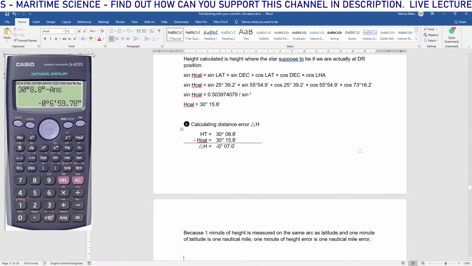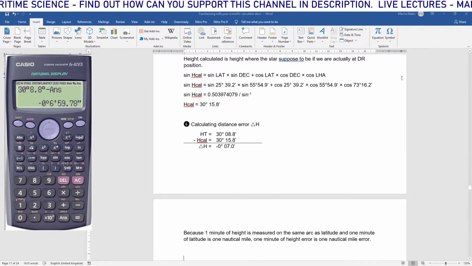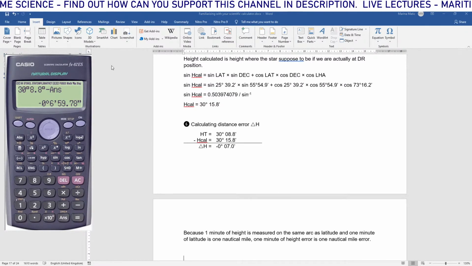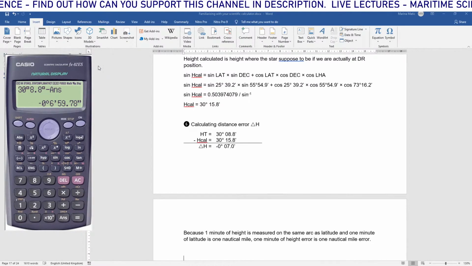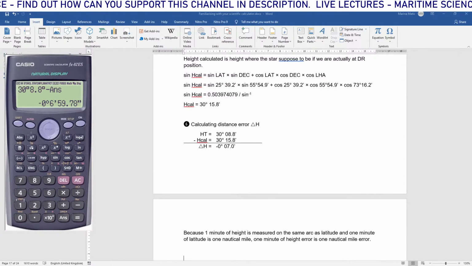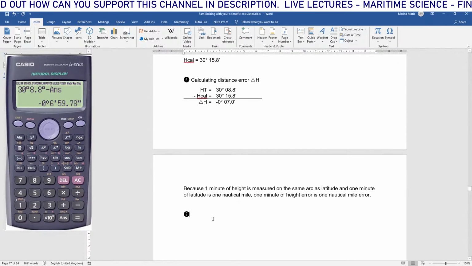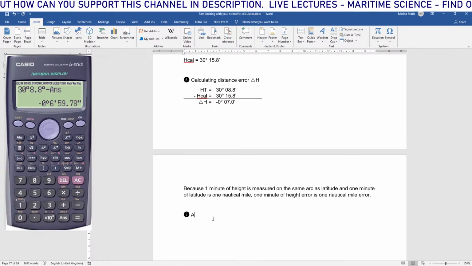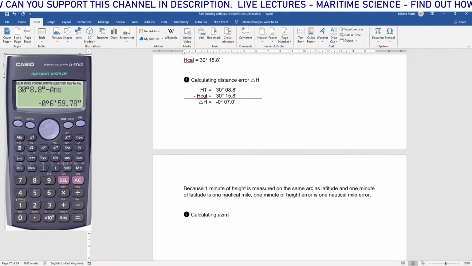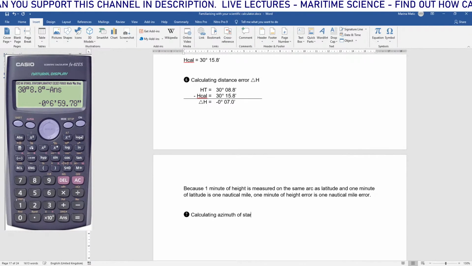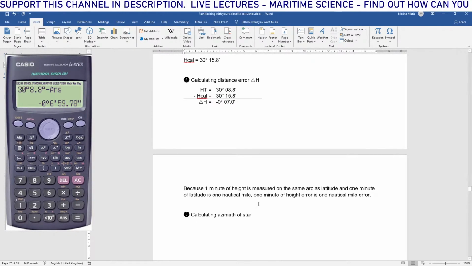So step number 7 is to calculate the actual direction of this error of 7 nautical miles, calculating azimuth of star.